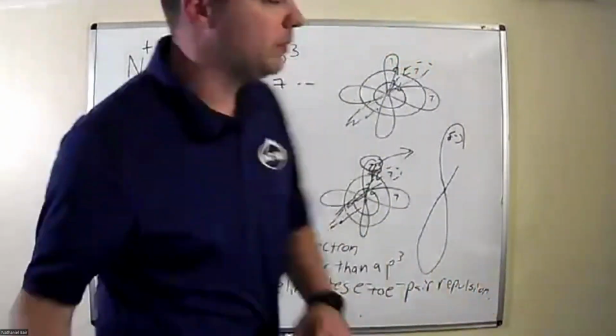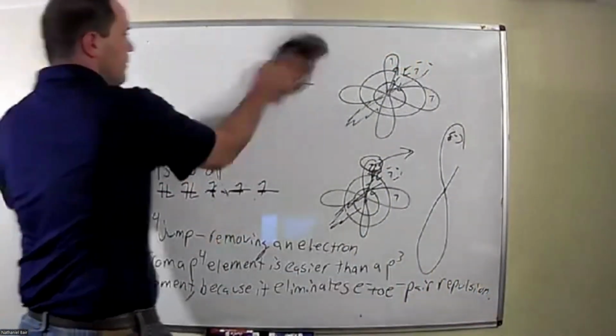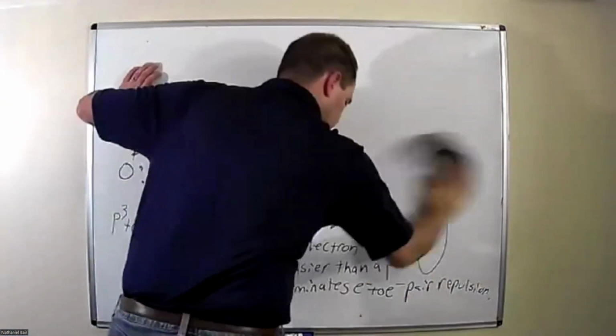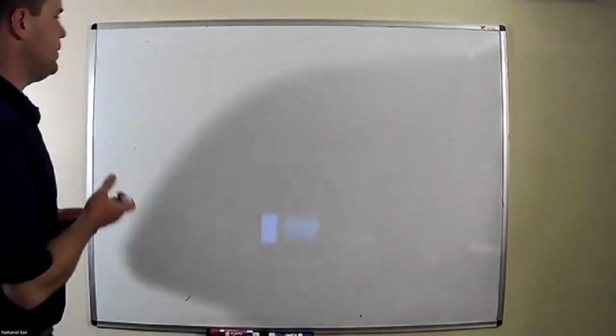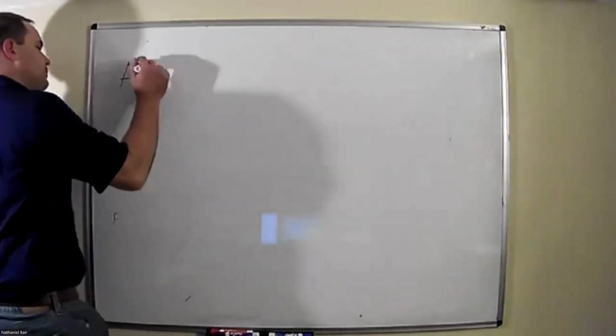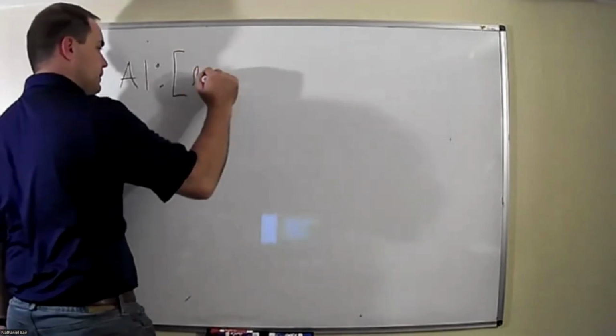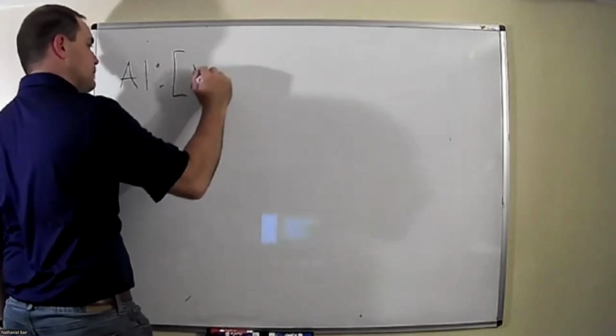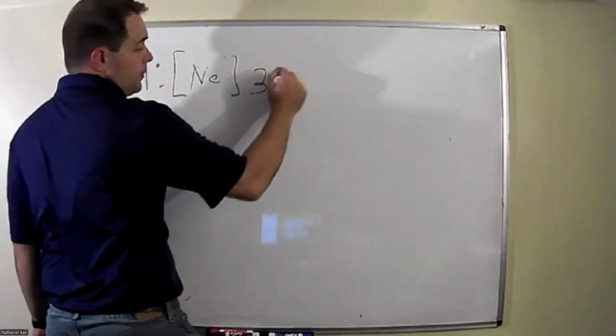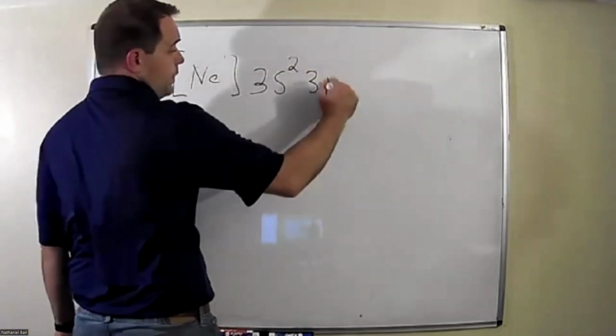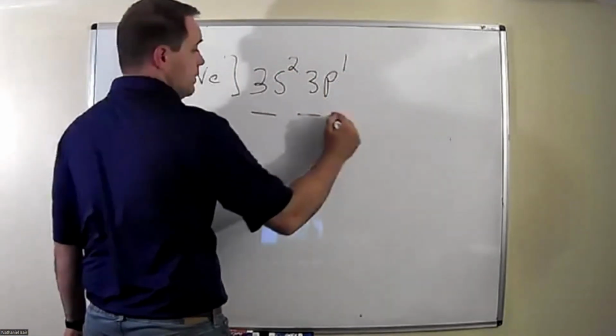Just looks too terrible. Alrighty. Regular old neutral aluminum is going to be neon in brackets, then 3s2 3p1.